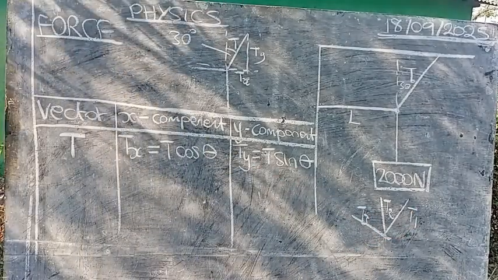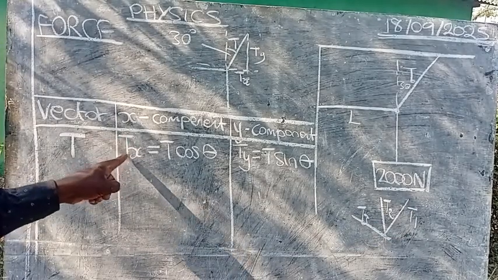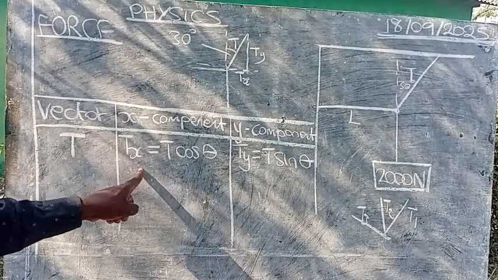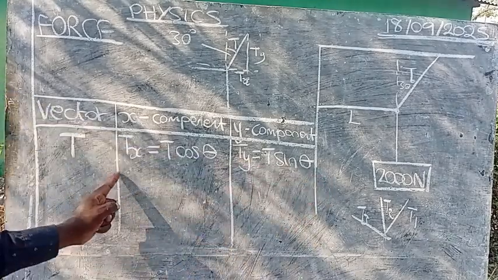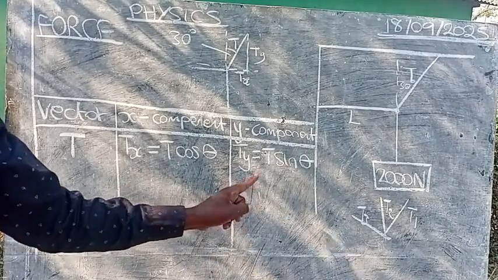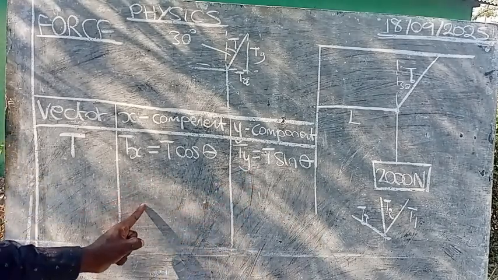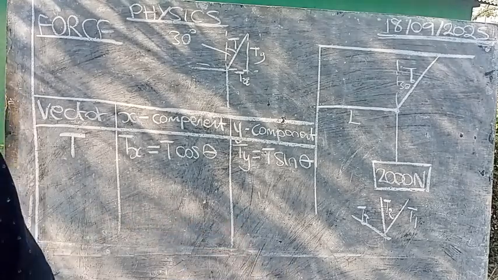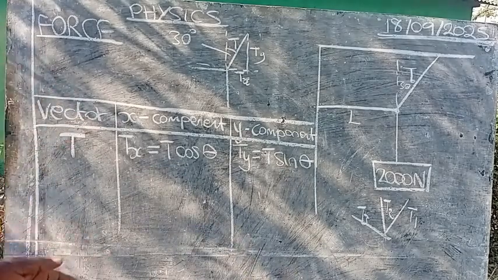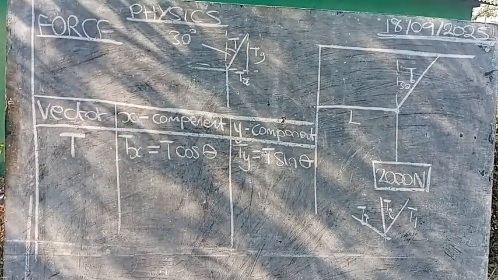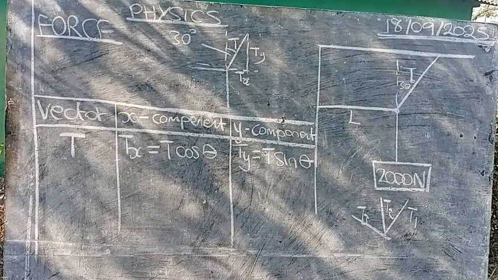So we'll say Tx1, Ty1. For T2, Tx2, Ty2, then Tx3, Ty3. Then at the end, we add all the Tx components and all the Ty components. Is it clear?